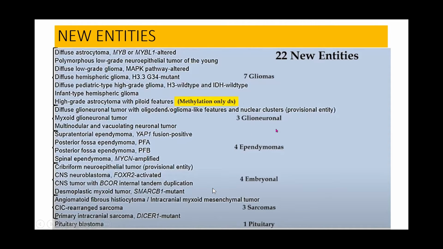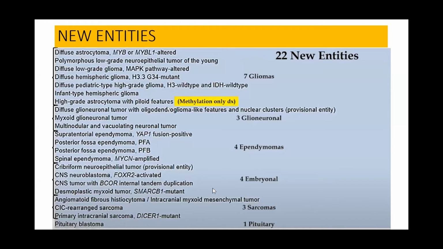Amongst the glioneuronal category, there are three new entities: the diffuse glioneuronal tumor with oligodendroglioma-like features and nuclear clusters, which is just a provisional entity because this is a diffuse tumor. All glioneuronal tumors have a glial and a neuronal component, but they are not very well defined. So in your biopsy, you may not be able to really identify them.